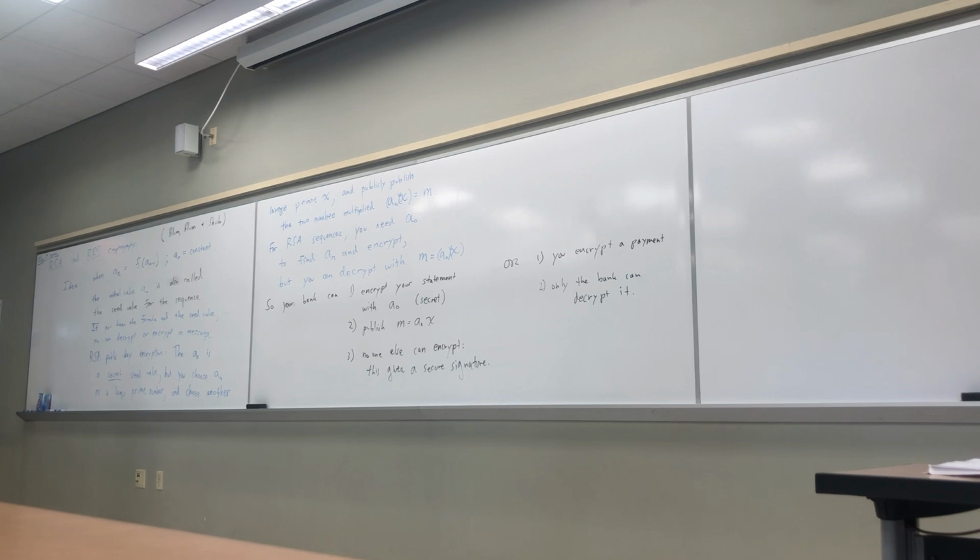So the prime numbers, which we should review what those are: the ones that only have divisors of 1 and themselves.